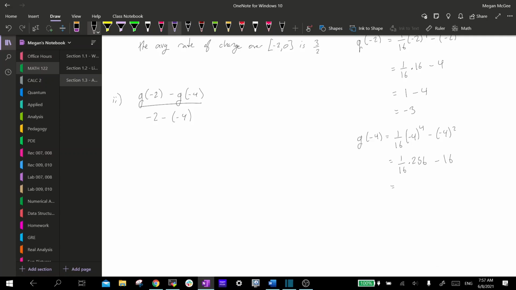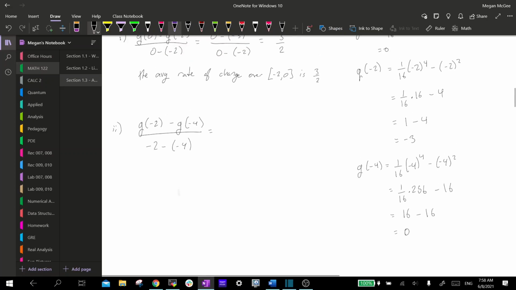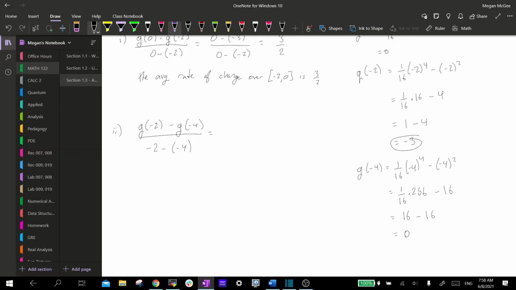256 is evenly divided by 16, and it is 16. So then we have 16 minus 16, which is just 0. Alright, so g of negative 2, which we found earlier, was negative 3. So we have negative 3 minus 0 over negative 2 minus a negative 4. So we end up with negative 3 in the numerator.